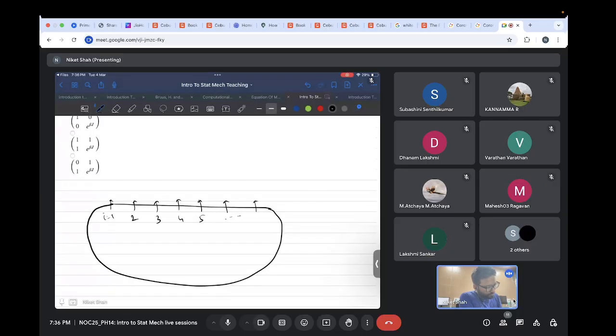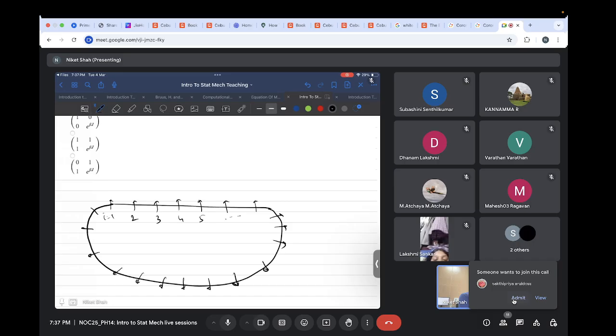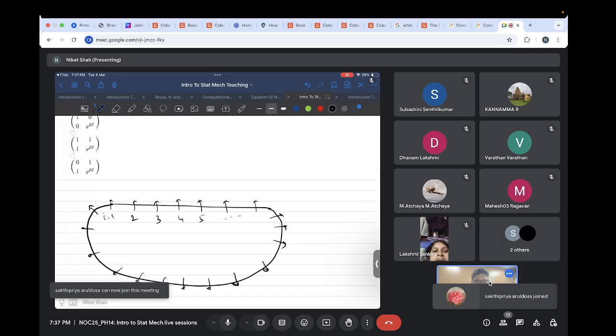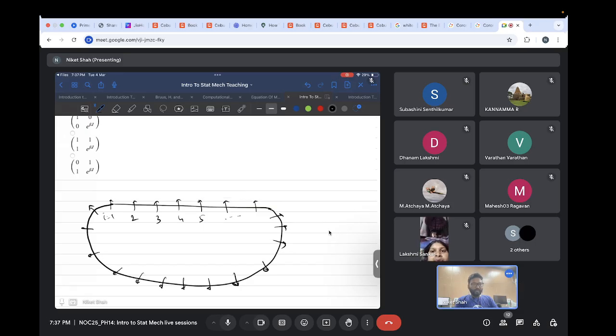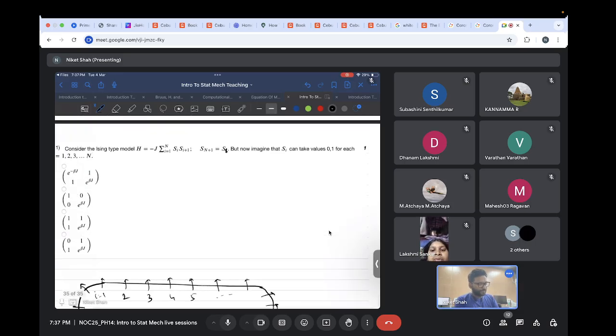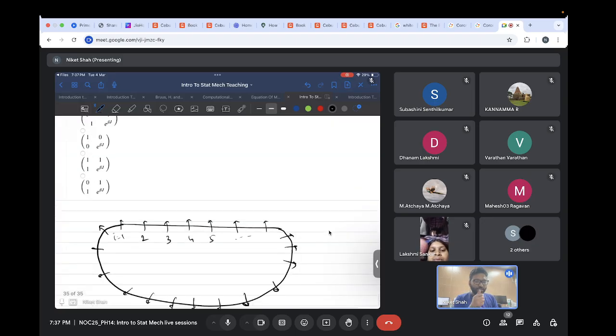So then we actually turn the chain around so that the last one is actually next to the first one. That's why Sn plus 1 is equal to S1 actually ensures periodic boundary condition, so that all the spins in the chain have at least two spins to interact with.